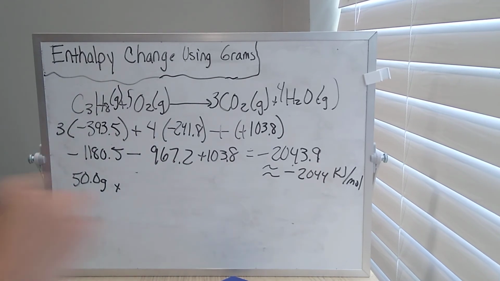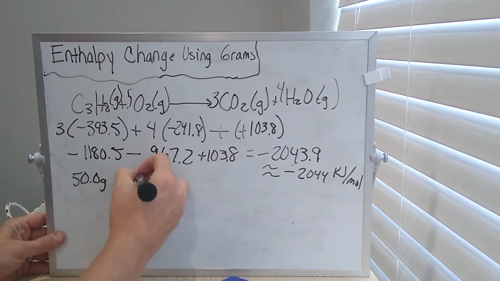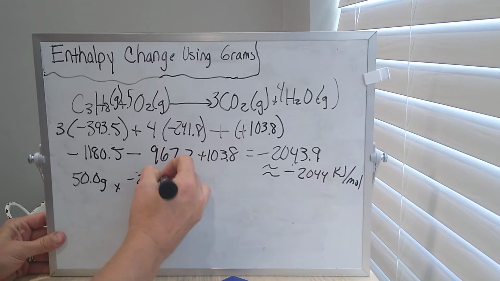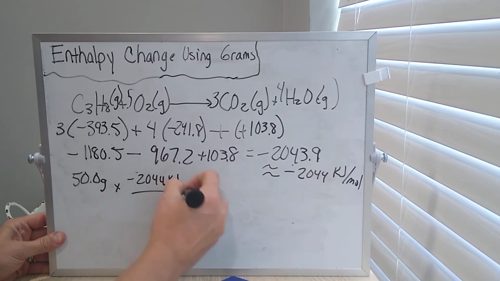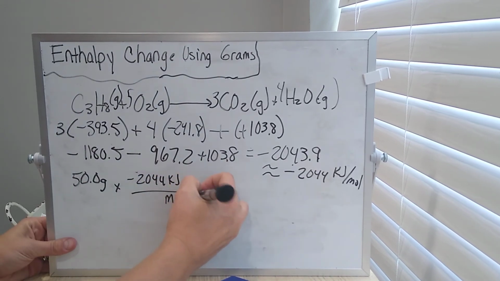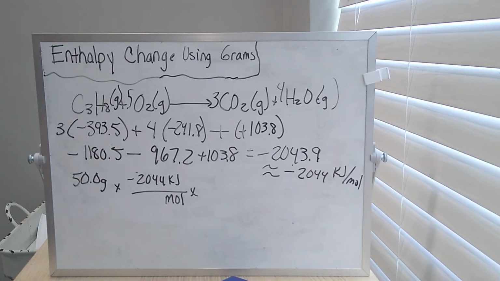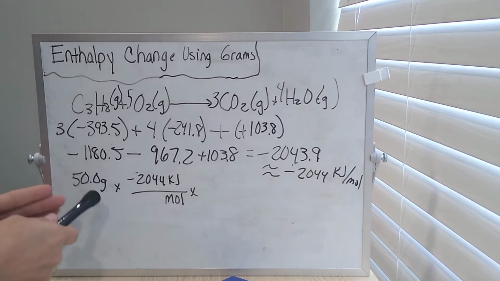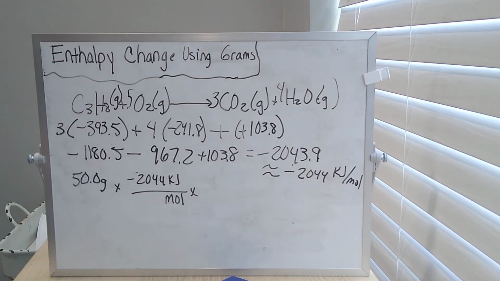So I have negative 2,044 kilojoules per mole of propane, but I need my answer to be in kilojoules, because the question says how much heat can be produced, and the unit for heat is kilojoules. So I need to cancel out my grams and my moles.